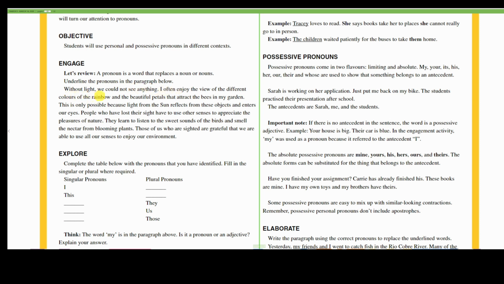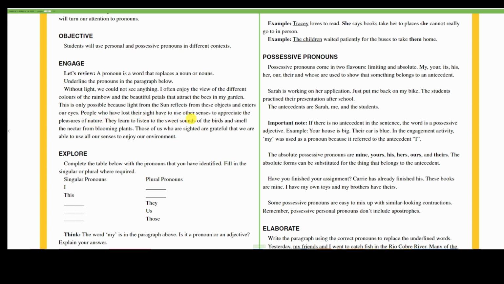Without light, we could not see anything. I often enjoy the view of different colors of the rainbow and the beautiful petals that attract the bees in my garden. This is only possible because light from the sun reflects from the objects and enters our eyes.